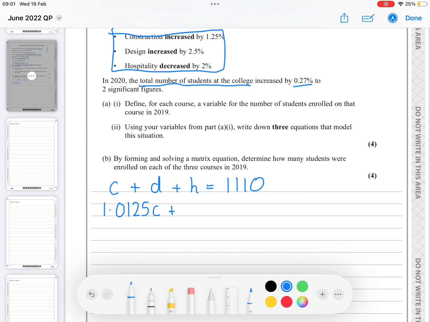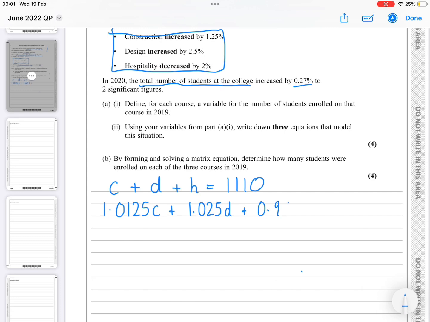Add 1.025 D, add 0.98 H equals, and then we have 1110 times 1.0027 to two significant figures.